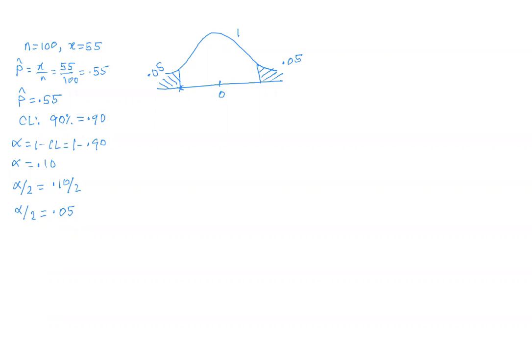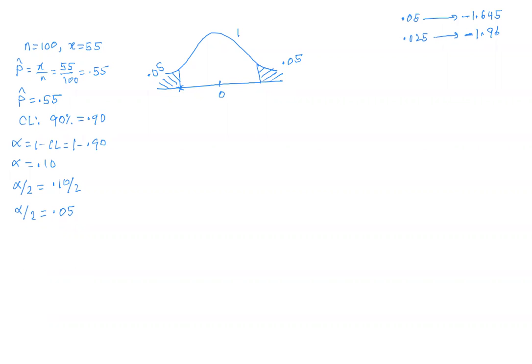By now you should probably get used to it. If the area to the left is 0.05, that corresponds to a z-score of negative 1.645. If area is 0.025, that corresponds to negative 1.96. So please remember these two values. Okay, 0.05 and 0.025. These are special values.